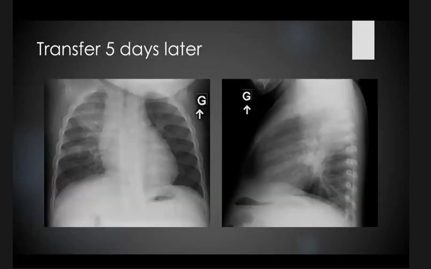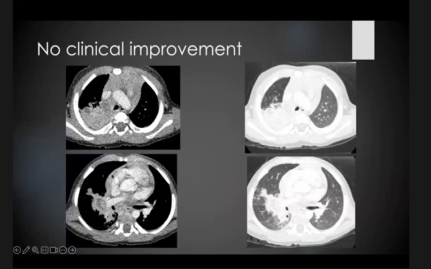At the transfer, 5 days later, you see those opacities around about the same, but we had suspected adenopathies here around the hilum on both sides. She was not doing better with regular antibiotics. Bronchoscopy didn't show any foreign bodies.